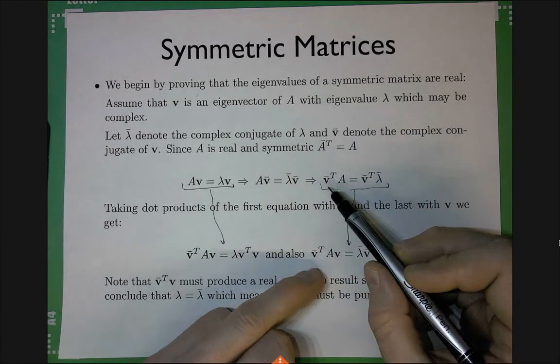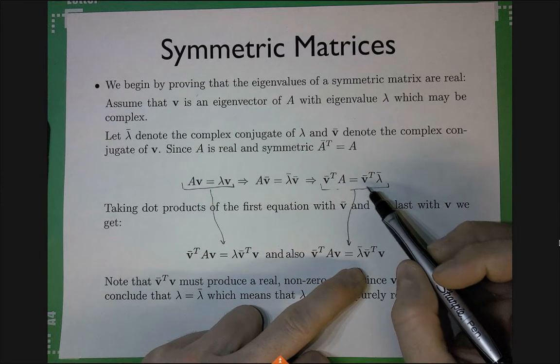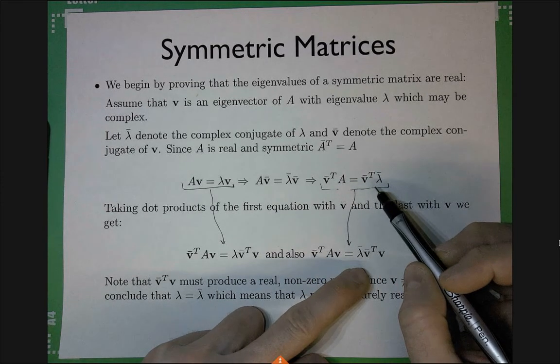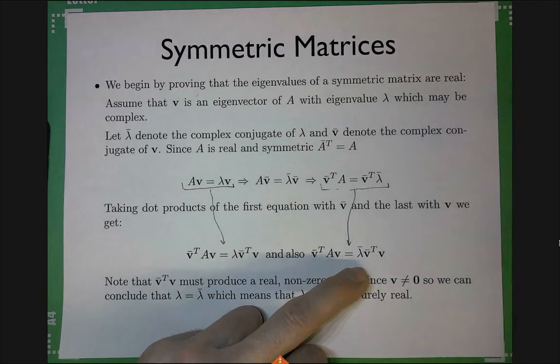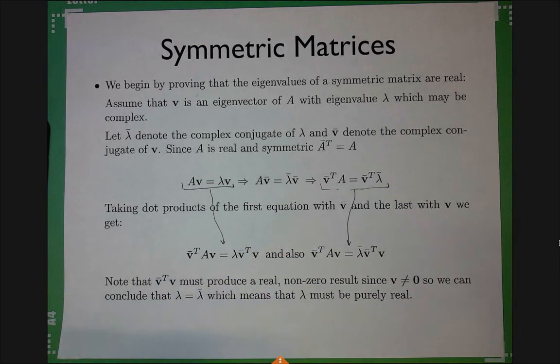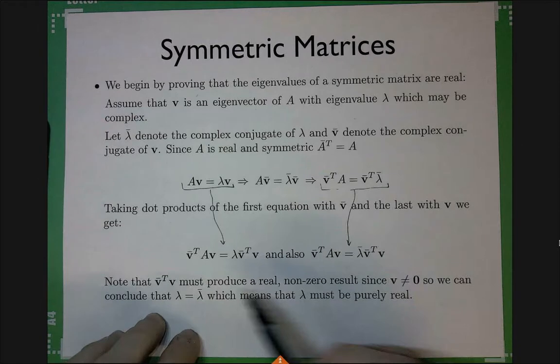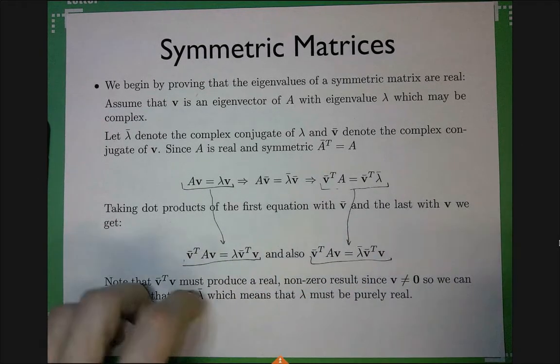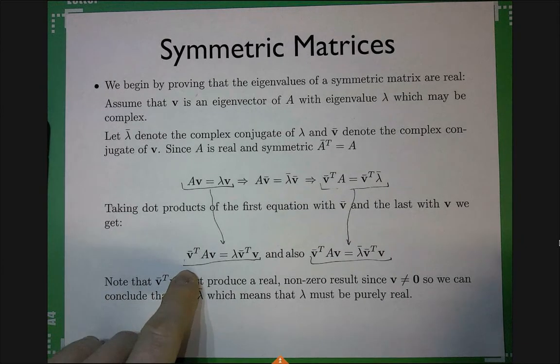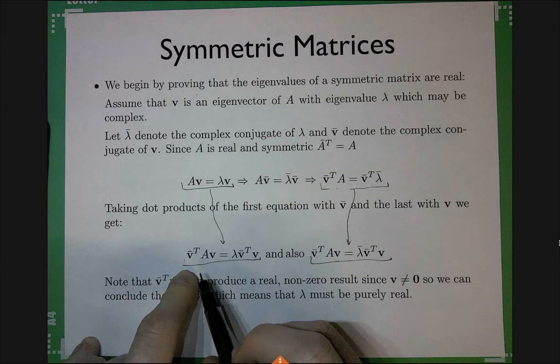So v conjugate transpose A v times lambda, which is just a scalar, so I can also write it on the left. It doesn't really change anything. So I have now these two equations, and look at them carefully. On the left-hand side is the same thing in both equations, right?